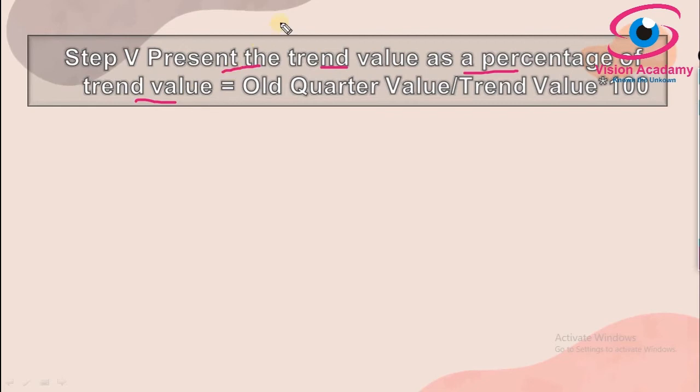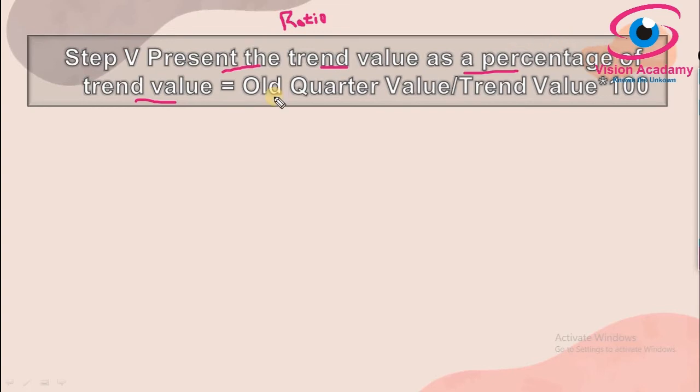That is why we call this a ratio. Since we take a ratio in the case of the ratio to trend method, we call this the ratio to trend method. We find the trend value using the least square method, and we also take a ratio using percentage, so we call this the ratio to trend method.